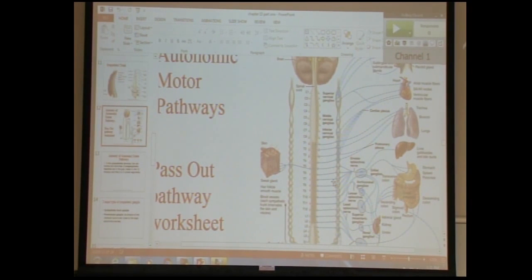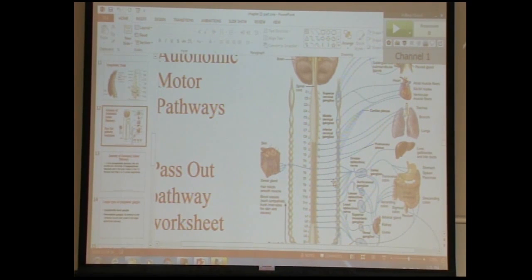All right, so in terms of the structure of the two systems, what I would probably be remembering is sympathetic basically goes down most of the spinal cord where the preganglionic neurons start. So you can see them all starting there.